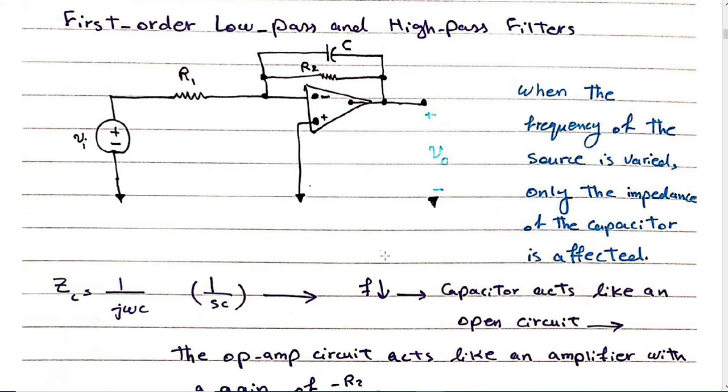In low frequencies, what would happen to the impedance of the capacitor? It is very high. So if the impedance of the capacitor is very high, does the capacitor act like an open circuit or a short circuit?